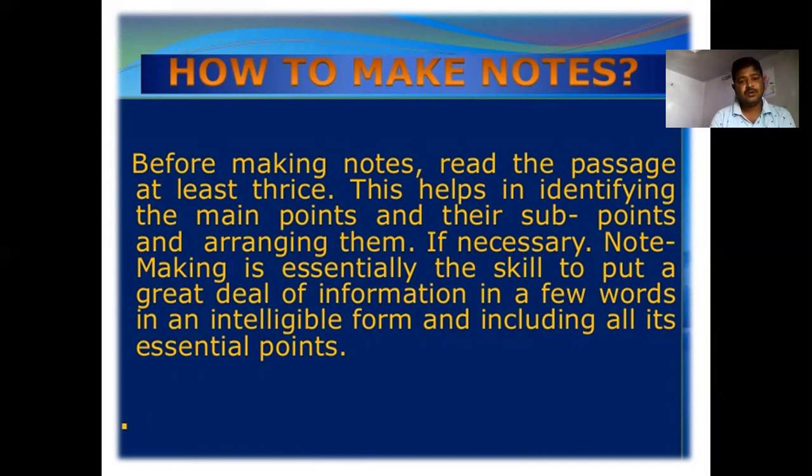Why? Because if you go through it thrice, you can get a clear idea about the passage. Then you can easily make notes, and you can put an appropriate title also for the passage of note making. This helps you to identify the main points and their sub points, and arrange them.